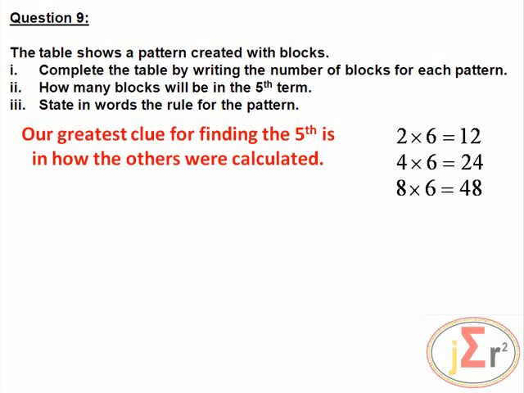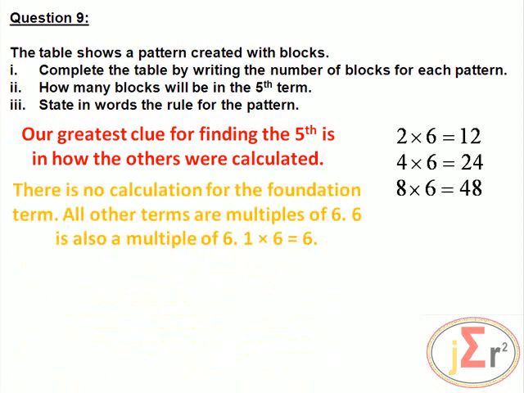We have 2 times 6 equal 12. We are looking at the ones that were calculated, not the one that we had before, although we are going to include that eventually. So the ones that were calculated, 2 6s 12, 4 6s 24, 8 6s 48.